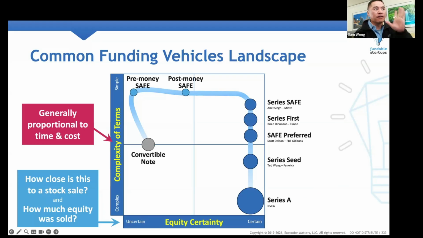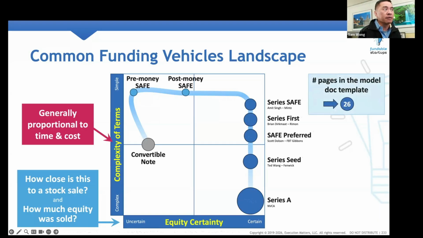If you can get to the upper right-hand corner, especially since that results in a preferred stock sale, like Peter Walker talks about, then I think you're in a better spot. The numbers in each of the circles are the number of pages in the model document template. As you can guess, the more pages, probably the more complex it's going to be.